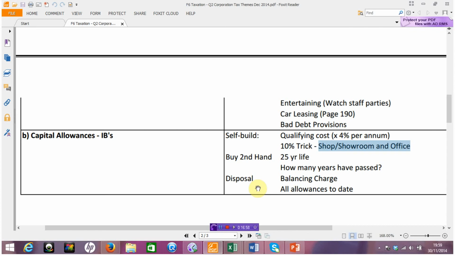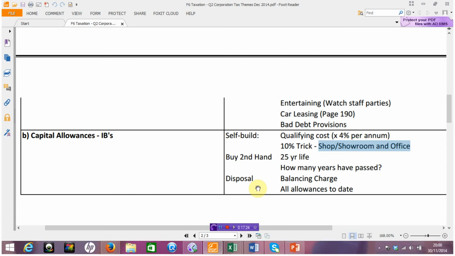Now, we'll be aware from our previous studies that a balancing charge is in essence the difference between the proceeds and the tax written down value. But here, because we will have a large increase, the value of the balancing charge is going to be all allowances given to date, all allowances.